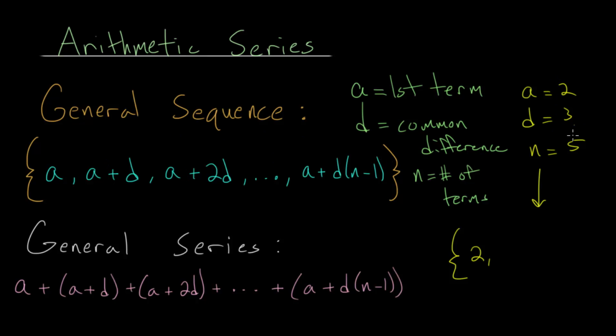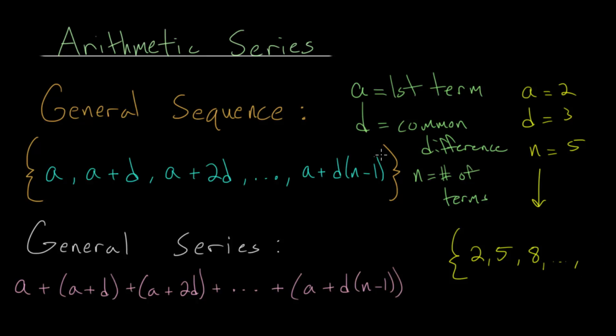So the next one will be 2 plus 3, which is 5, and then the next one after that, based on our formula here, it's 2 plus that common difference twice, or you can just start at your second term and add the common difference to get to your third term. So 5 plus 3 is 8, but you can see that works in the formula since 2 plus 2 times 3, or 2 plus 6, is also 8.